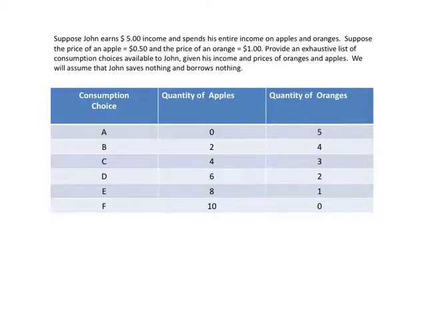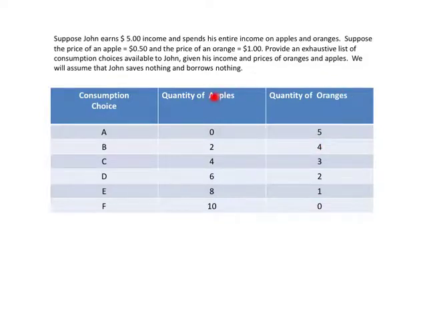Now, price of an apple is 50 cents, and suppose this person decides to buy 2 apples. When this person decides to buy 2 apples, he has spent $1 total on apples. So he's left with $4 of income, and so he can buy a maximum of 4 oranges.